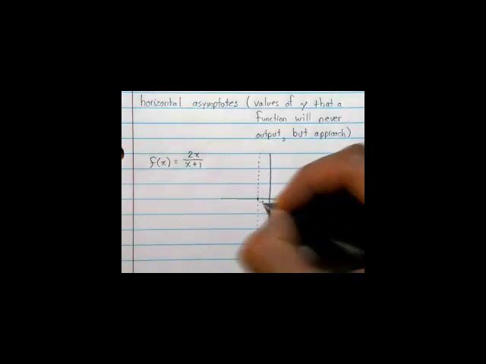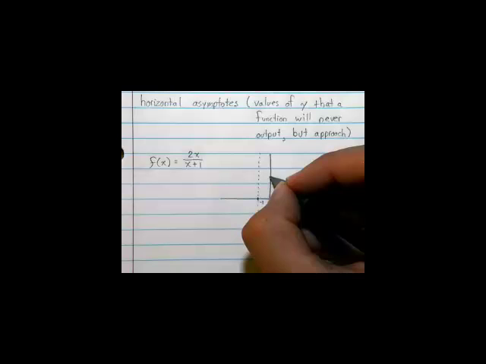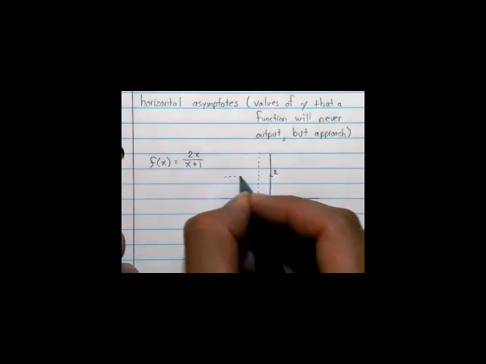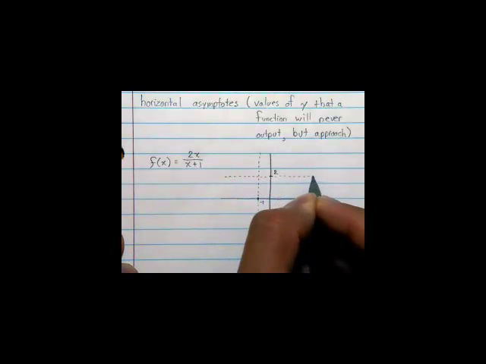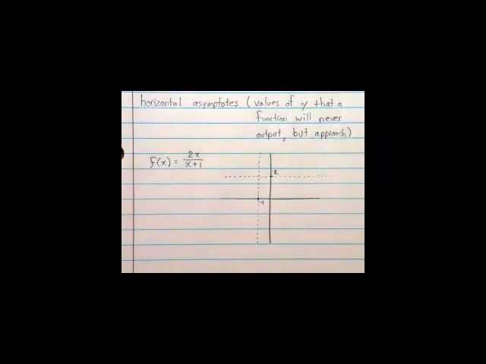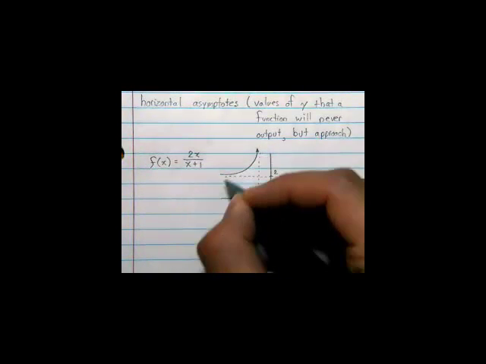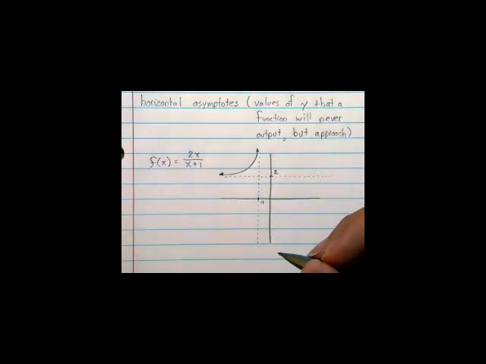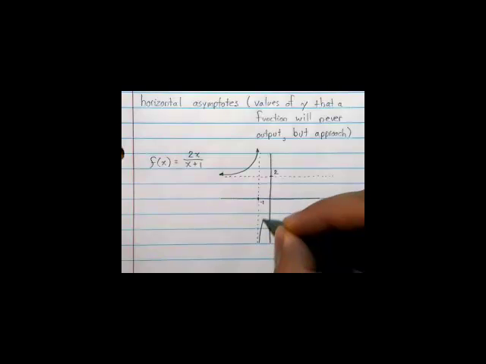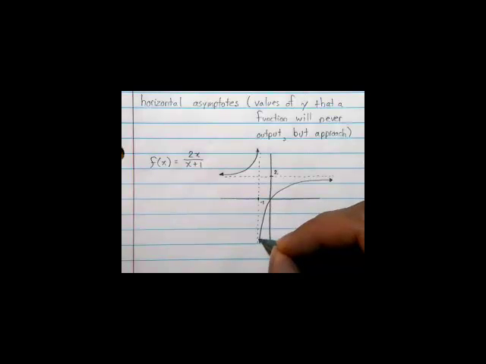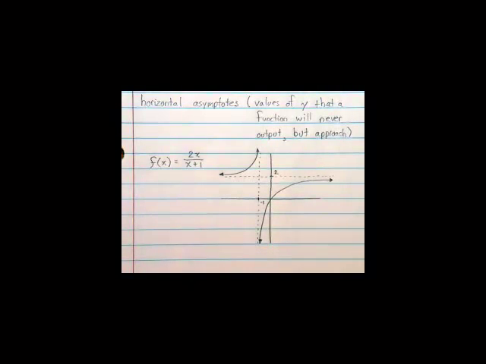Okay, so there's that vertical asymptote at -1, and then we said that there was a horizontal one at 2. So it's kind of this imaginary line again, make a little dotted line. And then our function was doing kind of this in between them. It was approaching all of these asymptotes in different ways. Okay, so it has that kind of a look to it.